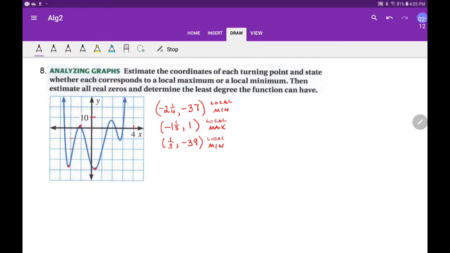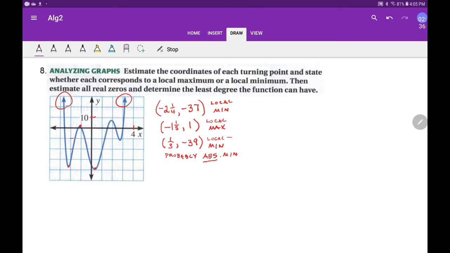But if I'm going to believe these arrowheads, it's probably an absolute minimum too. It looks like the very lowest point. So in my book, that's not just a local, that's also an absolute minimum, the very smallest it could be.